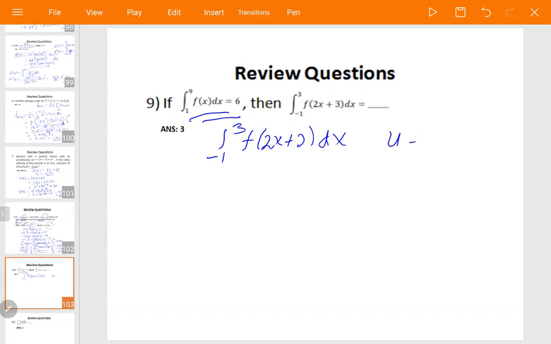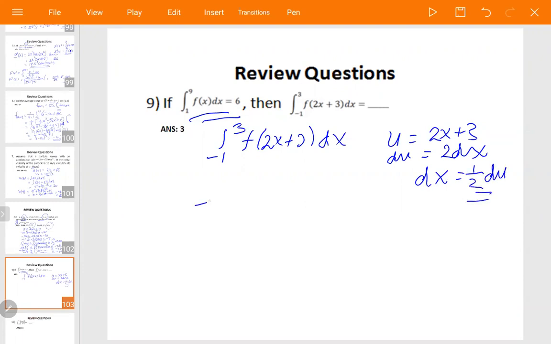Now, let us apply integration by substitution. If I let u represent 2x plus 3, what will be du? dx is half of du.